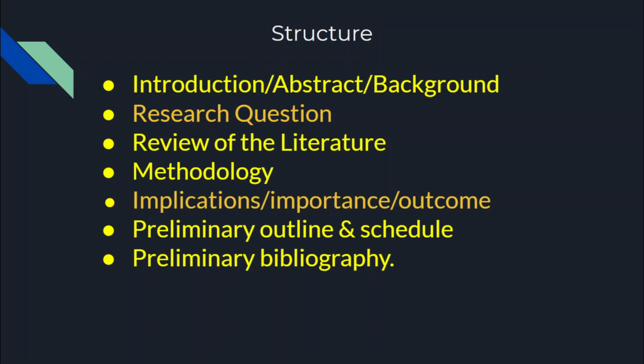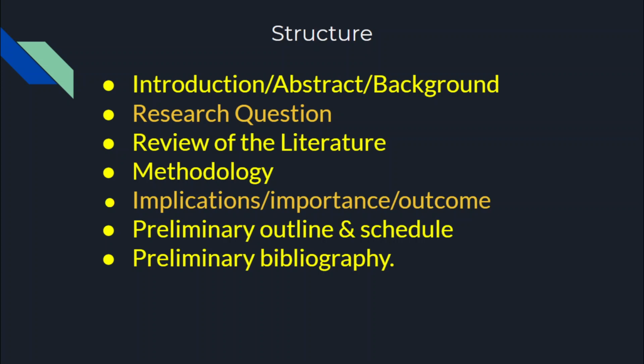The implications, the importance, the outcome of your research, what will come out of your research, in what ways will your findings help the academic community become more knowledgeable or more enlightened or more skillful in analyzing things, or have more insight, more perspective about the issue.